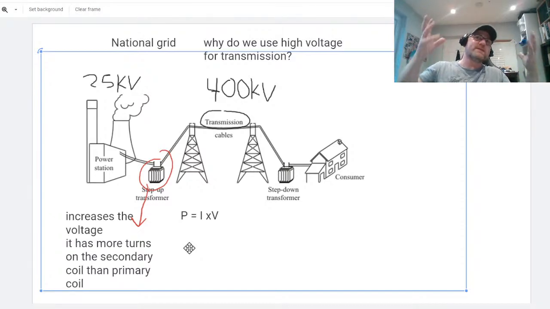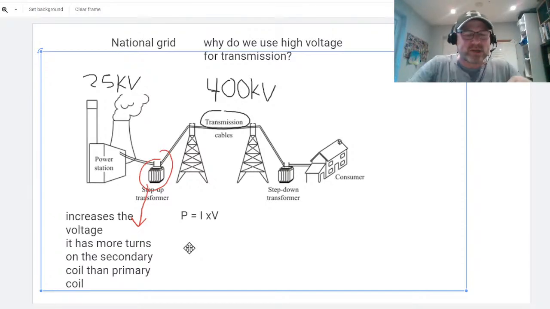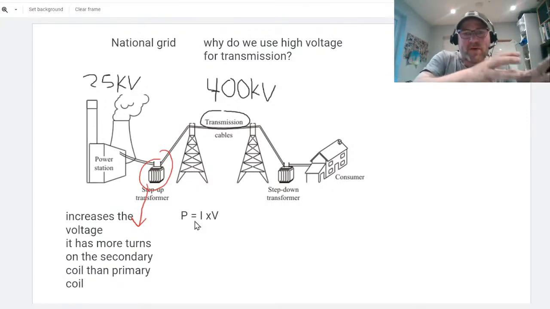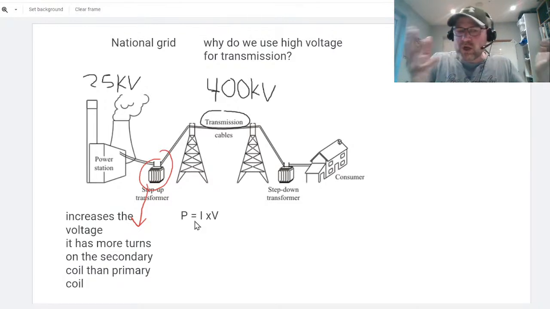But if you wanted to understand why, which you don't really need to, but if you wanted to understand why, as the power station, it says it in the name, power station. We want to deliver power to the consumer, to you in your house right now. So you can be on this live, so you can have your lights on, so you can watch TV, so you can charge your phone and all of that. We need to deliver power to your house.